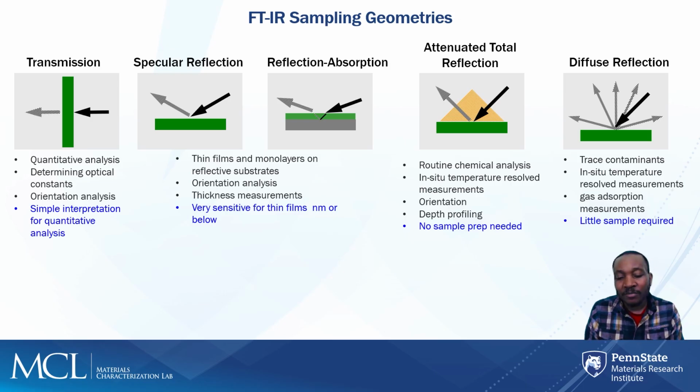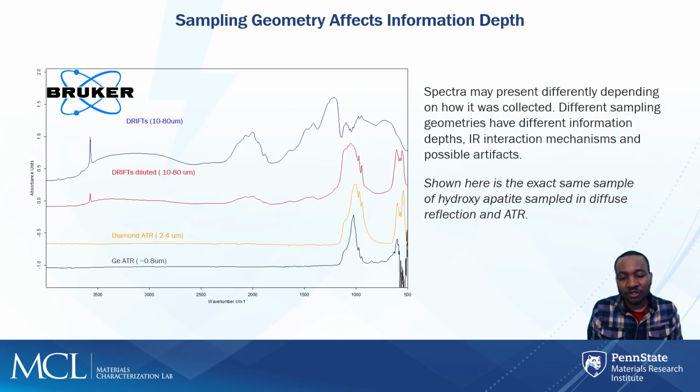But digging back into attenuated total reflection, the reason that sampling geometries are important is because they influence what the spectrum is ultimately going to look like. In this example that you're looking at here, we've got different spectra of hydroxyapatite. You'll notice that each of those spectra actually looks different despite the fact that we're looking at the same sample.